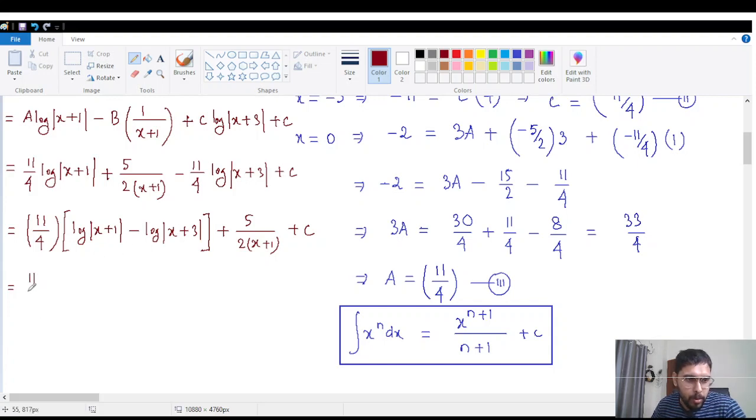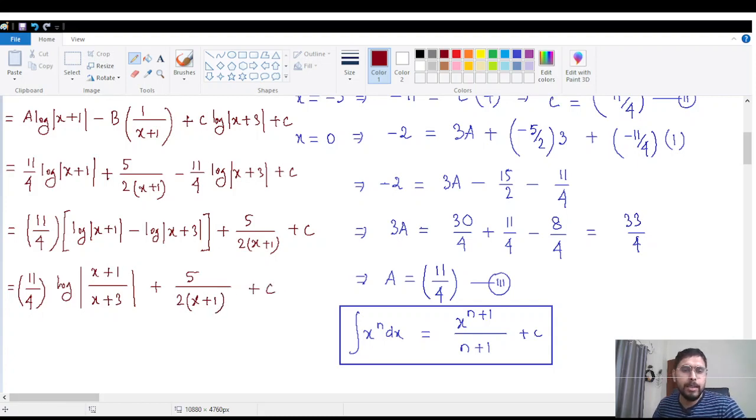This is a logarithm rule. So 11 by 4 log of x plus 1 over x plus 3, plus 5 over 2 times x plus 1, plus c, and this is the final answer. Okay, this is the final answer to the problem.